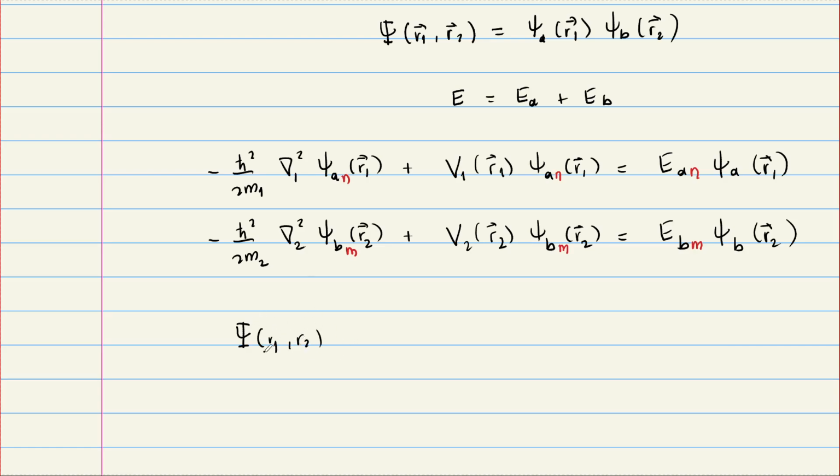They can be in any dimension, 1, 2, or 3 dimensions. And the solution is psi A n of R1 e to the minus i over h bar E A n t, and psi B m of R2 e to the minus i over h bar E B m times t.